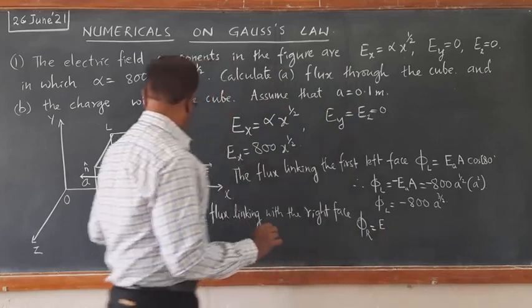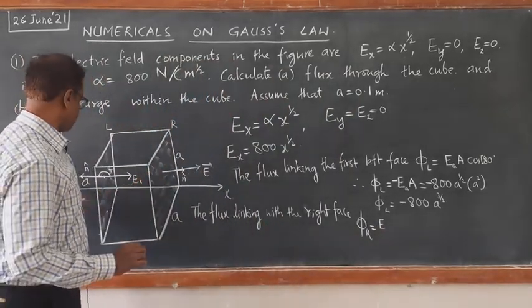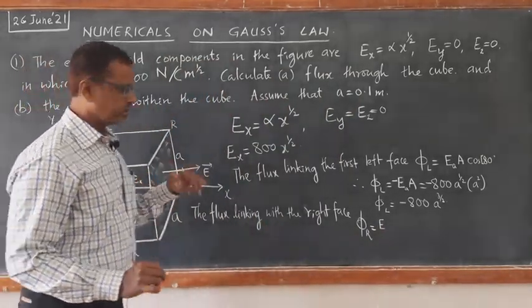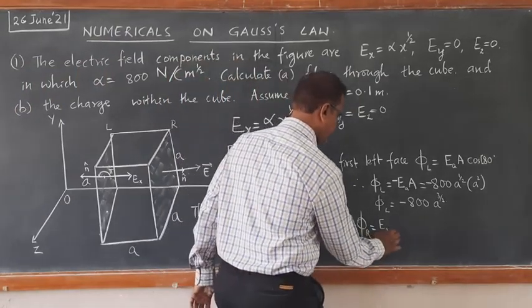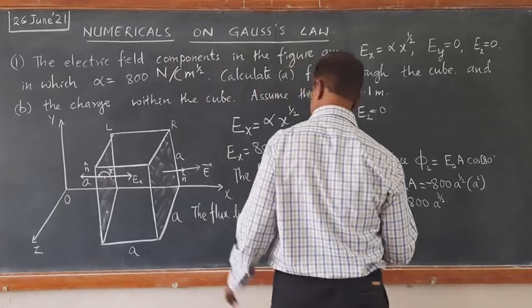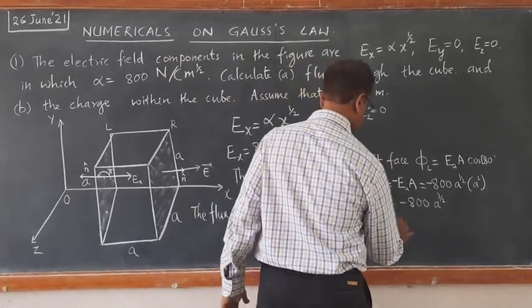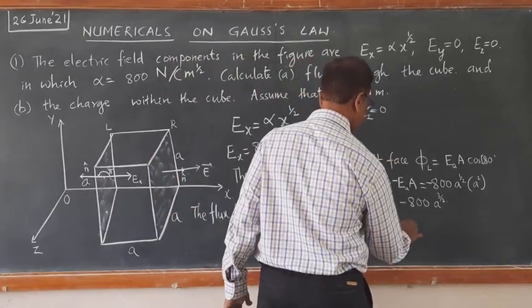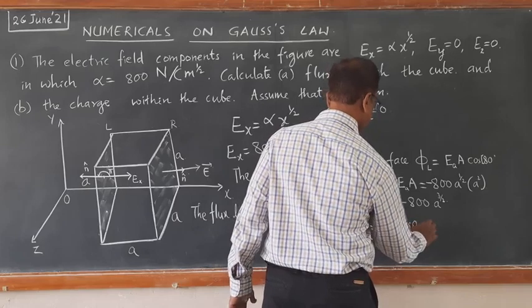Now the x value here is A plus A, so it is 2A. E at 2A into area, which is A square, into cos 0, and cos 0 is 1.